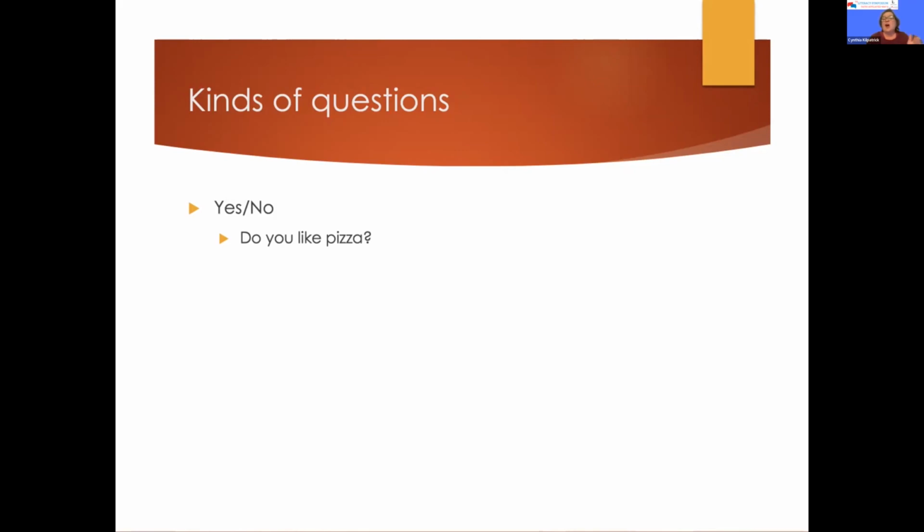That's all you needed to answer, yes or no. That's a quick one, right? But then we have WH questions: who, what, when, where, why, how, those question words we all learned in school. So who likes pizza is a WH question. And then we have those tag questions that Nikki commented on. You like pizza, don't you?